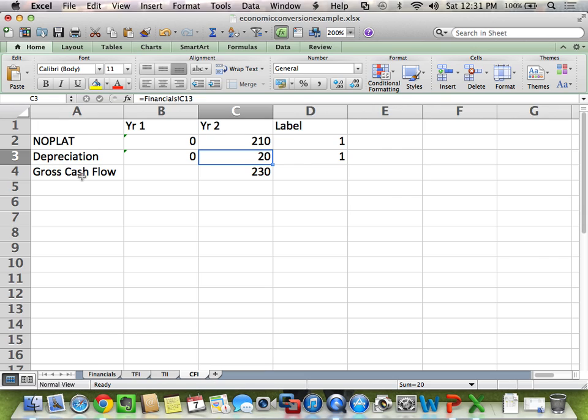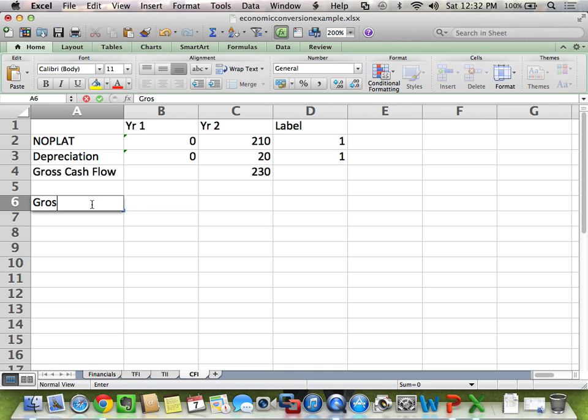That's the cash from the income statement. Right? Now, minus cash used in the balance sheet, minus change in the balance sheet. That becomes something called gross investment.